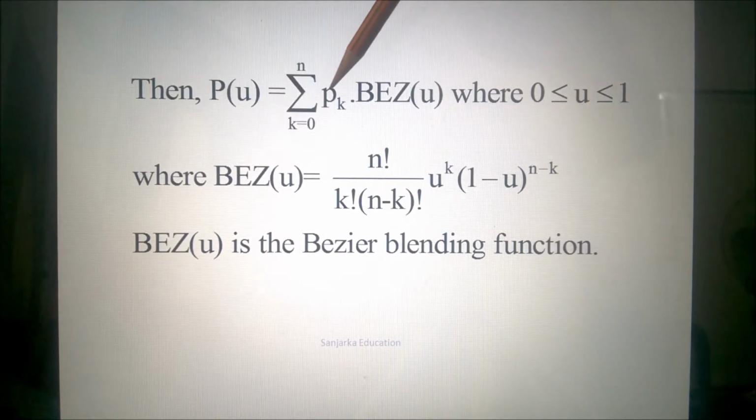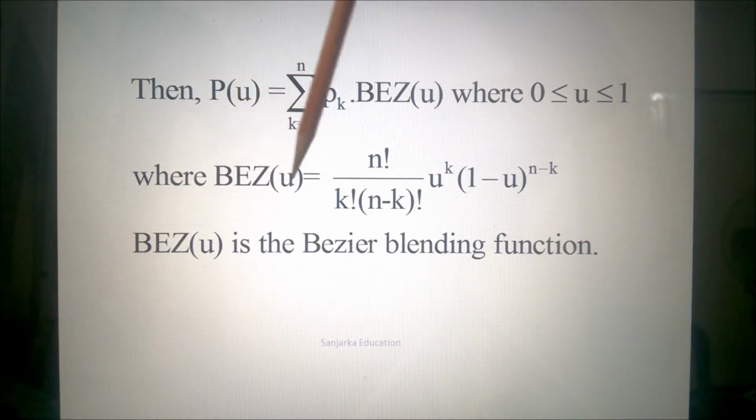Already I said it is a small letter p with a subscript k, and that denotes the control point coordinates. In a single equation we are denoting all the coordinates, the x coordinate, y coordinate and z coordinate, and I'll discuss that in detail in the next slide.